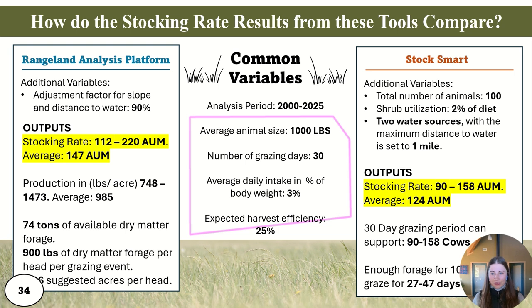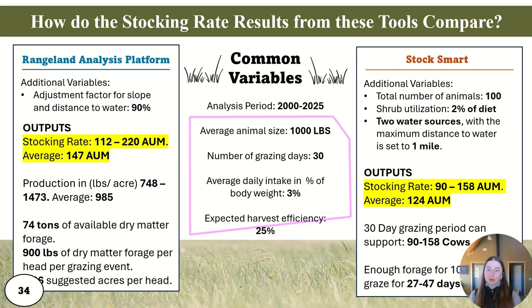So if we set the same variables for both of these tools, the Rangeland Analysis Platform and StockSmart, and we use the same area of interest, how do the outputs compare? So here are some of our common variables that these two stocking rate tools have. Our analysis period is 25 years. We're starting in 2000, so we're pulling vegetation statistics from that 25-year period.